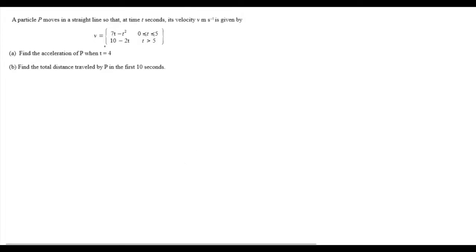So in curly brackets, we've got one row that says v is 7t minus t squared, so long as t is greater than or equal to 0 and less than or equal to 5. But then v is also equal to 10 minus 2t if t is greater than 5. So depending on the time, the acceleration expression is going to be changing completely. Now, find the acceleration of P when t is 4.